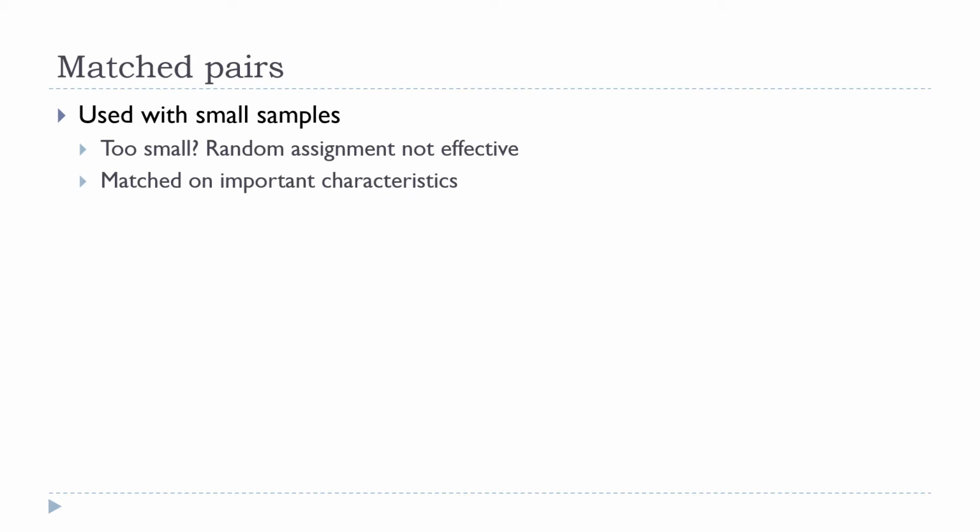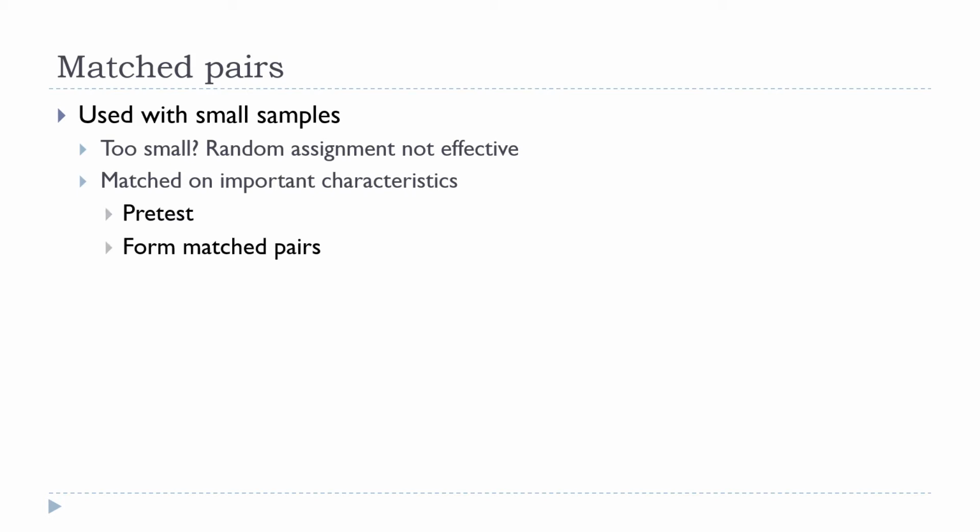So for example, I might want to have male A with a learning disability and male B with the same learning disability as a pair. And I might have female A matched with female B, and those females might not have learning disabilities.